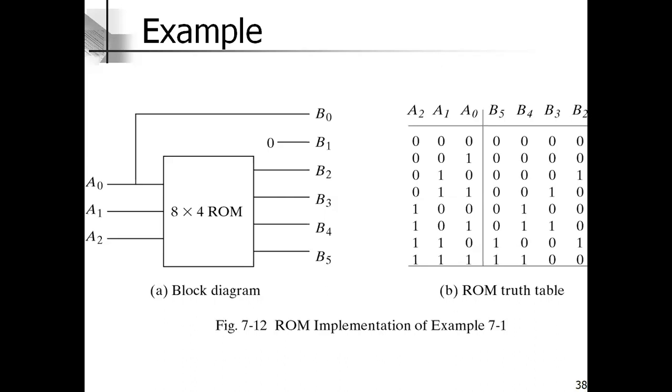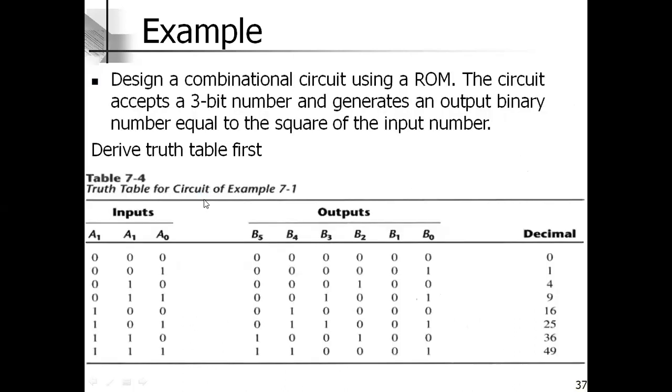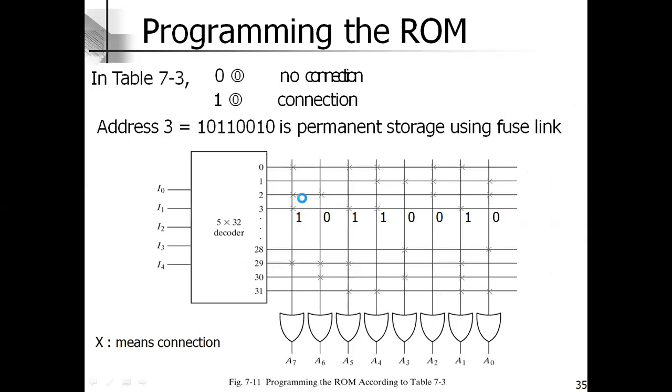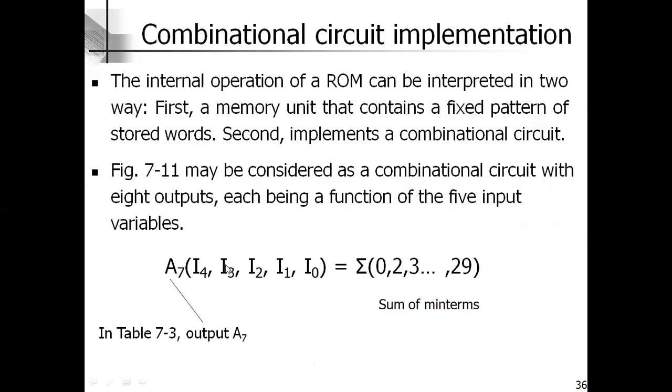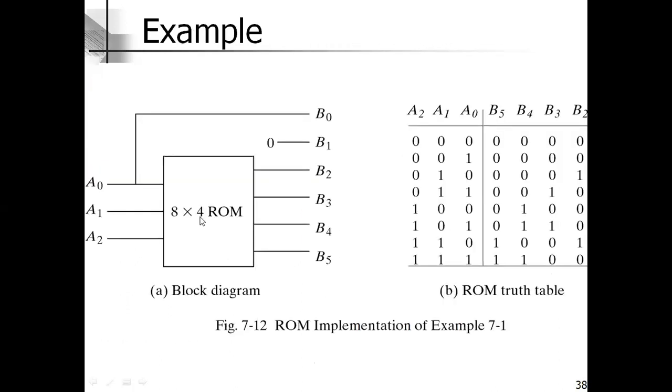Here it will specify the need for programming the ROM. And here it shows the required connections of the combinational circuit. So we have to draw the combinational circuit in this way. This is compulsory.